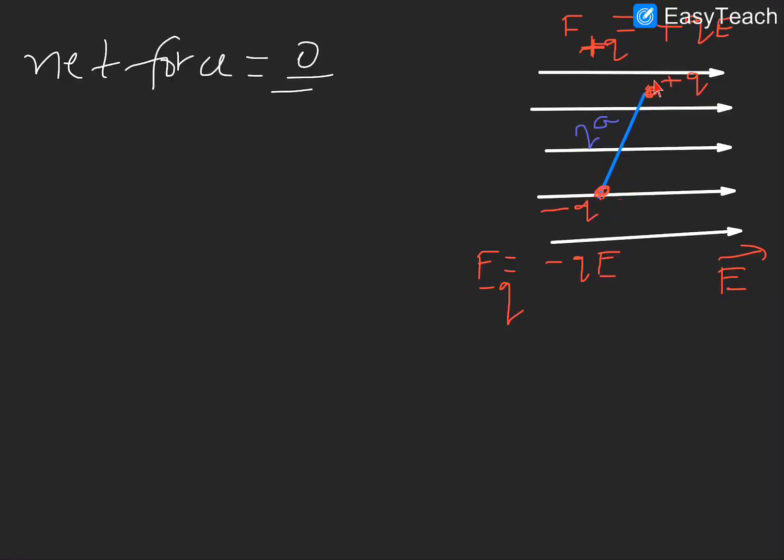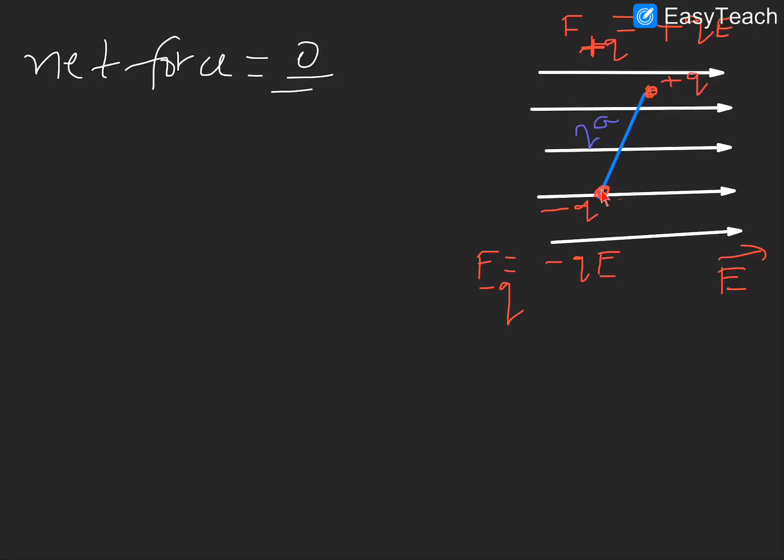Imagine that somebody is applying a force here, somebody is applying a force here. Net force will be 0, but there will be some torque, there will be some rotation. If you apply a force in the upward direction, and somebody is applying a force in the downward direction, both the forces are equal, then net force is 0.